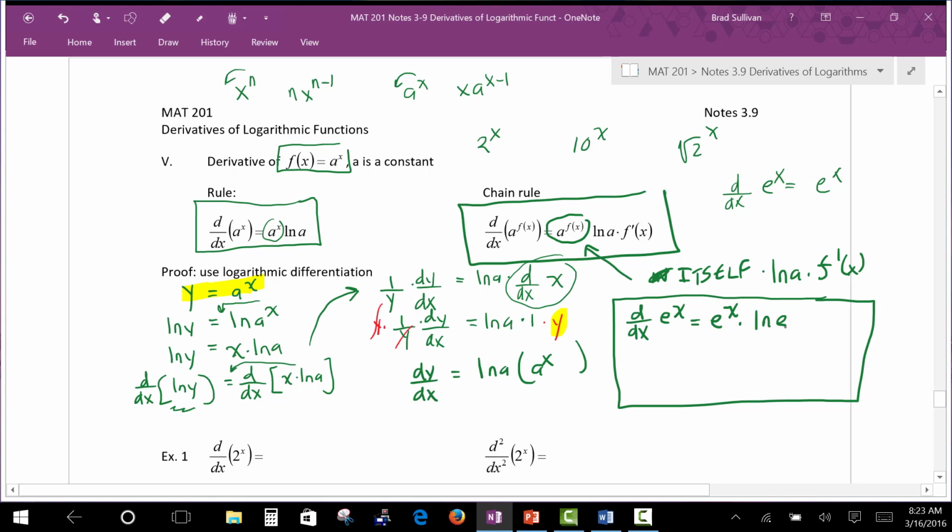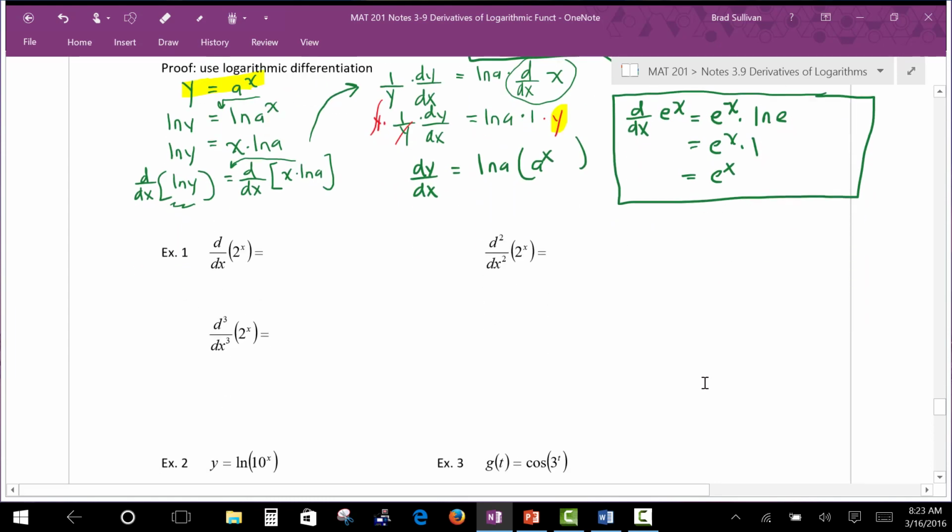Do you guys know what ln of e is? It's 1. So look at this. You end up getting e to the x times 1, so it's equal to e to the x. e to the x is very special. It's a special case of this derivative rule, and just because ln of e is 1, that's why it ends up being itself. Any other situation, you have that ln of a in there. Does that make any sense? So e to the x comes from that formula. It really does. You can look at it that way.